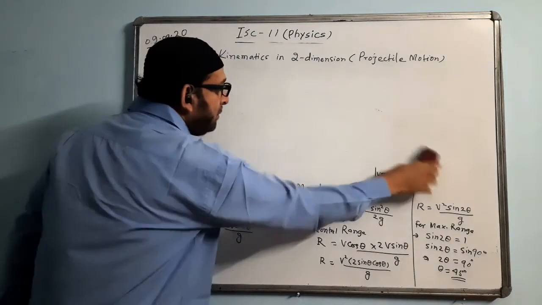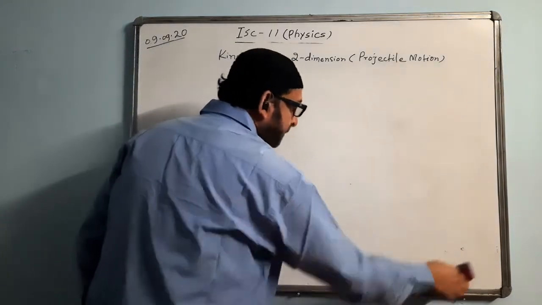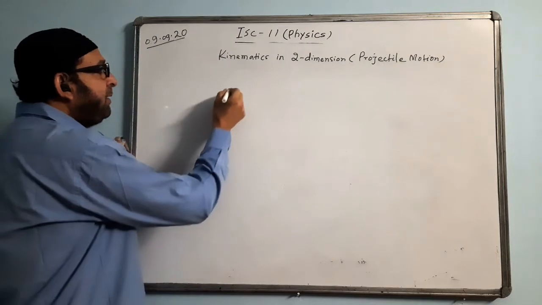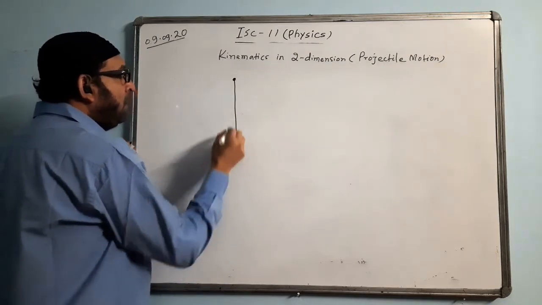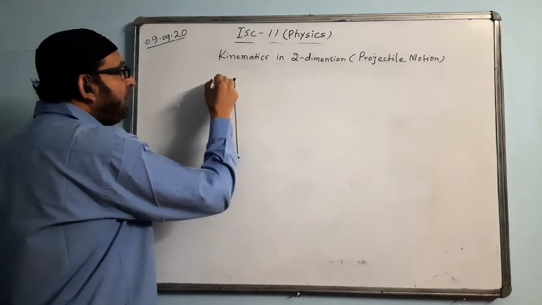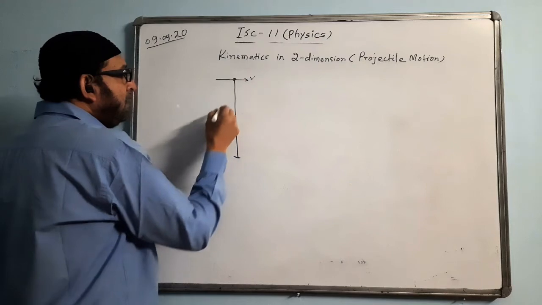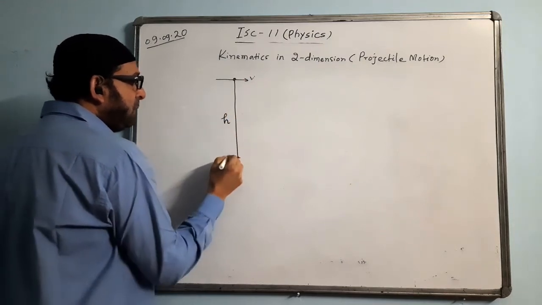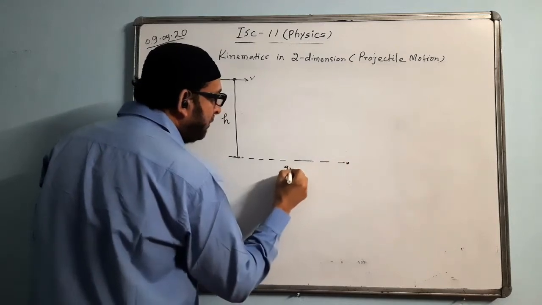Okay, now the second type of motion we can consider. We are having another case. A body is thrown horizontally out here with a velocity v, and the height is h. This is the ground level.